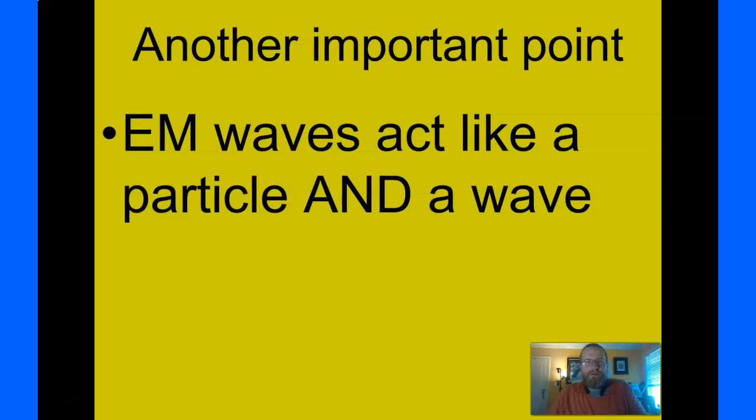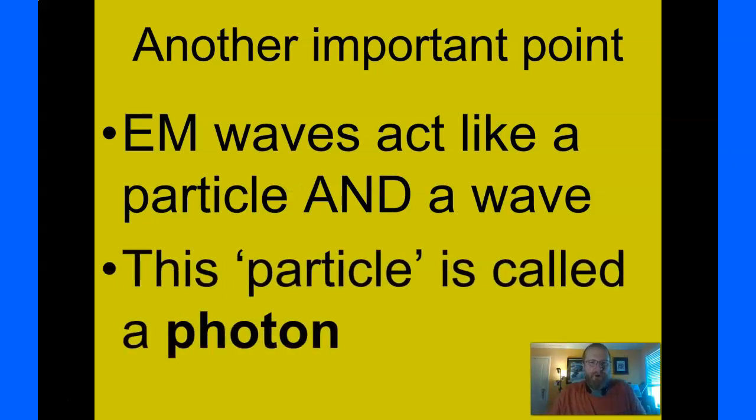But electromagnetic waves also affect matter, which means they have to have some sort of particle, some sort of mass, some sort of, well, you'll figure it out in a minute. This particle part of the wave is called a photon. So photon, define photon: the particle part of a wave. Okay, moving on.